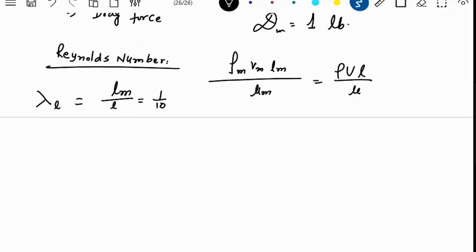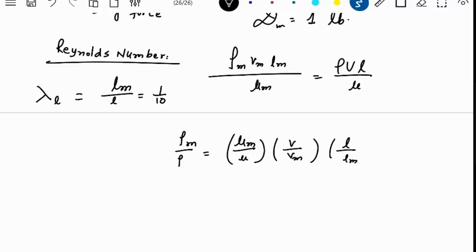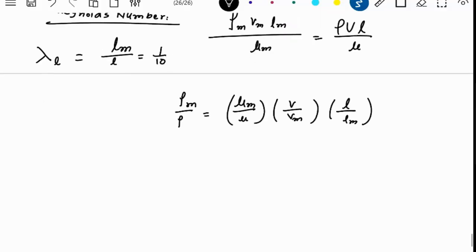Velocities Vm and V are also given, so you can write rho m by rho is equal to mu m by mu times V by Vm times L by Lm. I hope everything is correct.